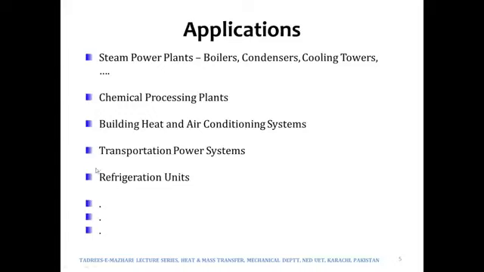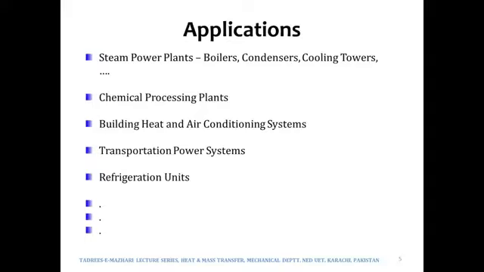For example, not only in air conditioning but in refrigeration units as well, because when we talk about different components of refrigeration and air conditioning units, you would have heard of different devices, for example, evaporator and condensers.